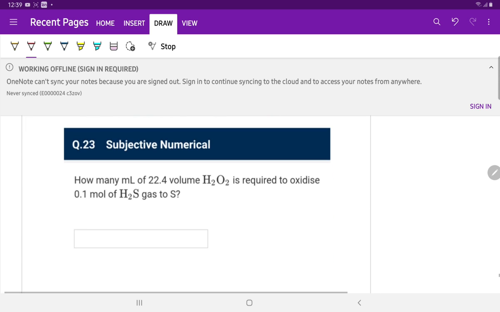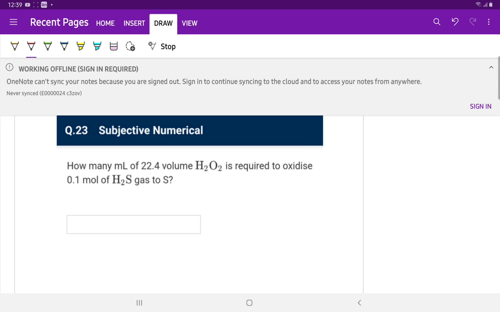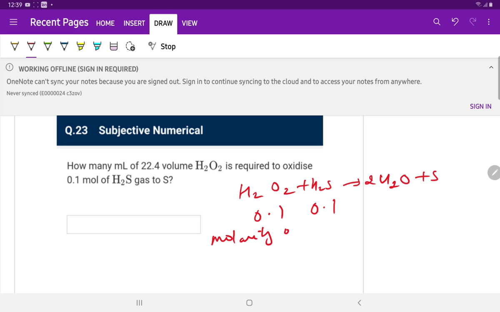Question number 23. How many ml of 22.4 volume H2O2 is required to oxidize 0.1 mole of H2S gas to sulfur? H2O2 plus H2S gives 2 moles of H2O plus sulfur. 0.1 mole of H2O2 reacts with 0.1 mole of H2S. Molarity of 22.4 volume H2O2 is equal to 22.4 divided by 11.2, which is 2.